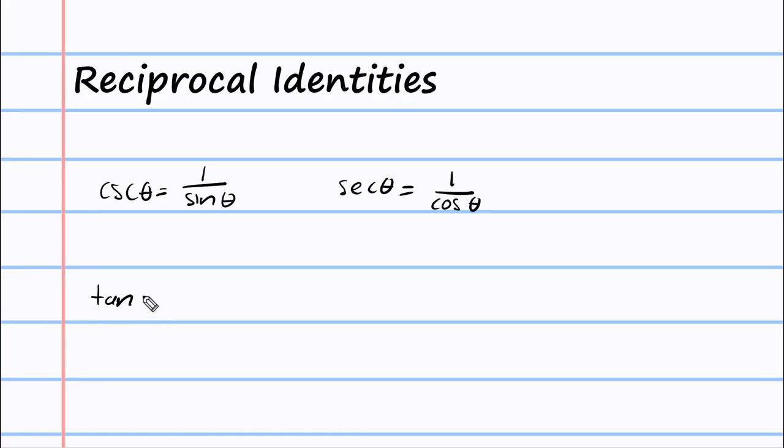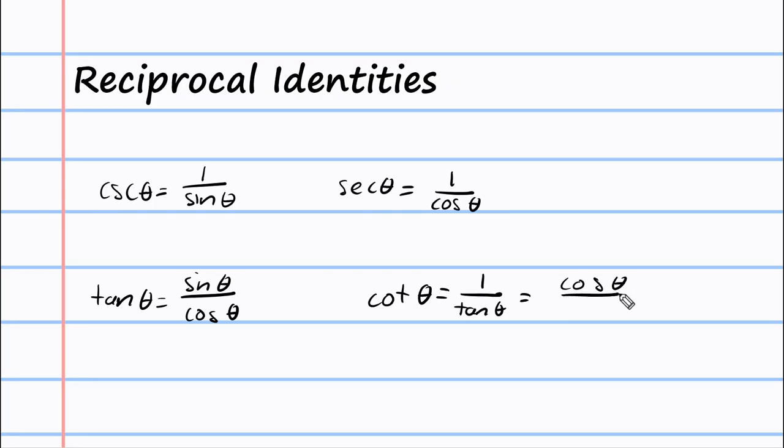So tan theta is equal to sine of theta divided by cosine of theta. And cotangent theta is equal to 1 over tan theta, which is equal to cosine theta divided by sine theta. So these are your main reciprocal trig identities that you need to know.